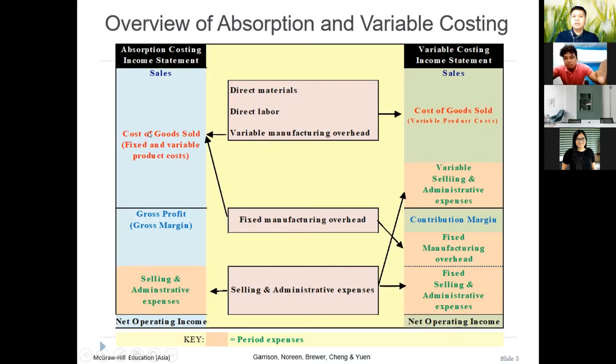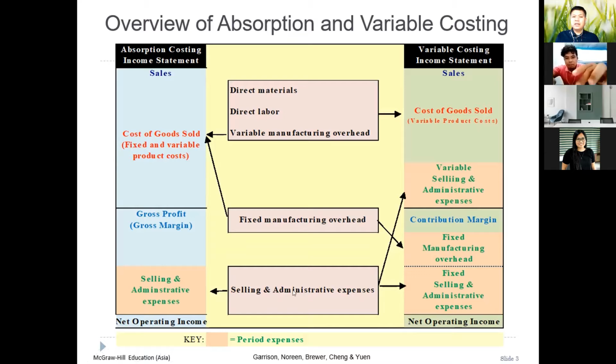While in the right column, the contribution format income statement, only the variable manufacturing overhead is included in the variable cost of goods sold. Now, what happens to the fixed manufacturing overhead? It is presented after the contribution margin.